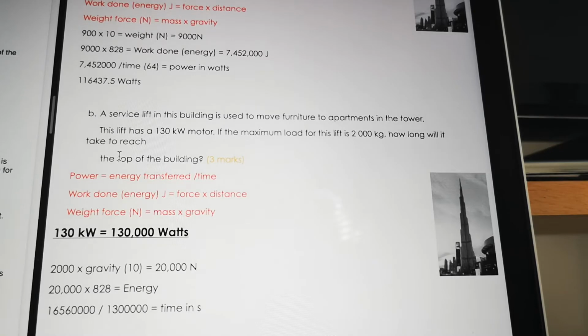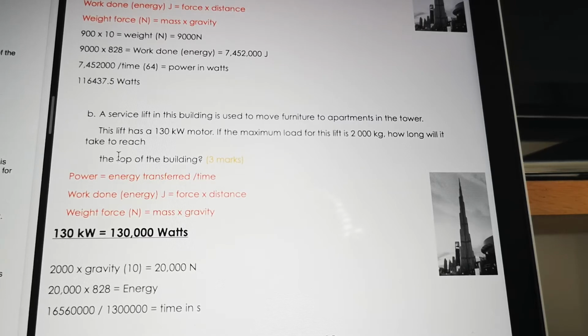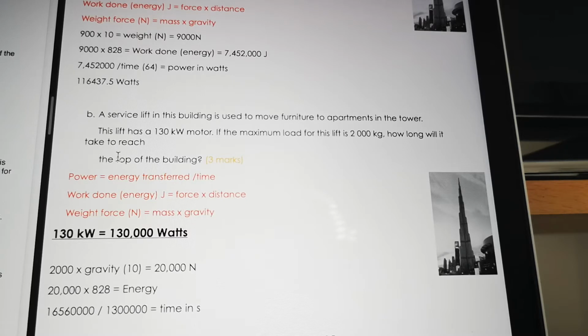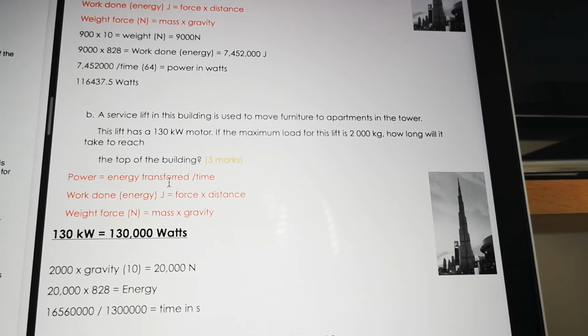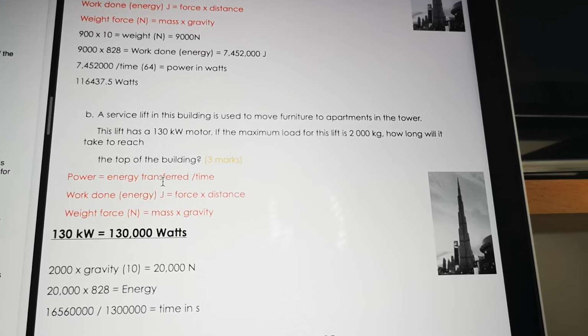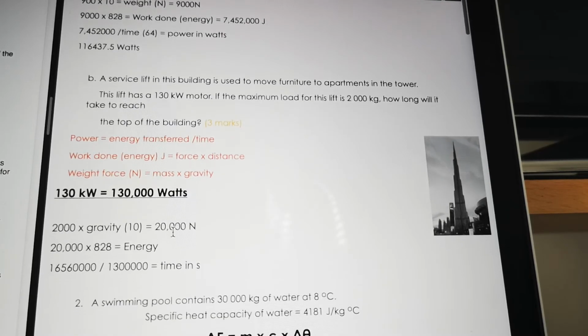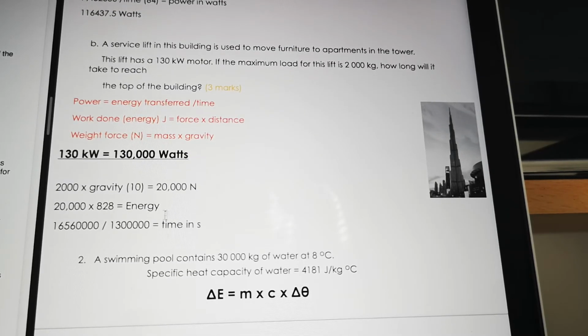Once again, we use the same three equations, but this time it's asking us to calculate the time, and we are given the power. Okay, so it means we need to rearrange that top equation. Okay, so first of all, we need to convert kilowatts into watts. So that's multiply that by 1,000, and then follow the same principle.